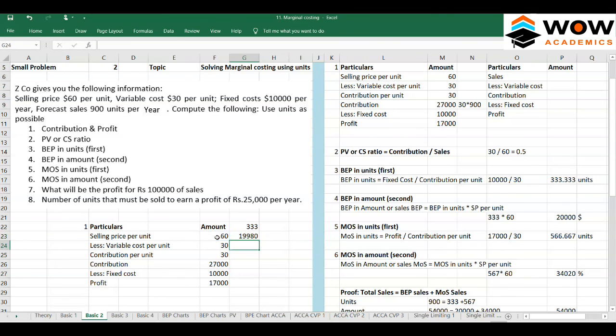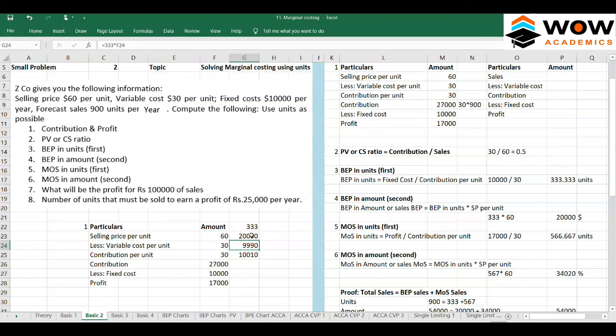This will be your sales, this will be your variable cost, and this difference will be your contribution. Why are we not getting that exact answer is because there are so many decimals.